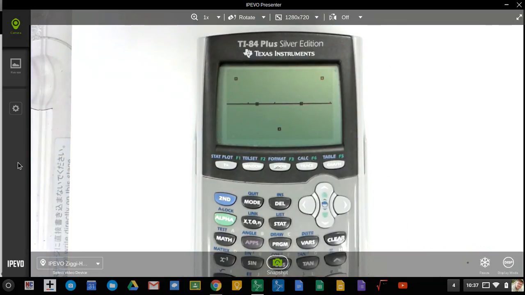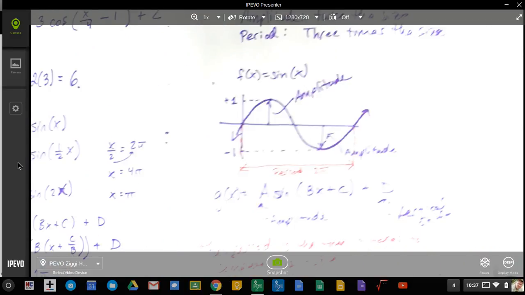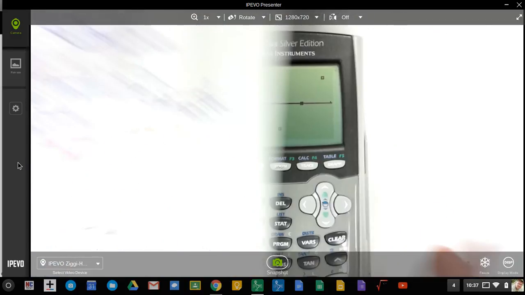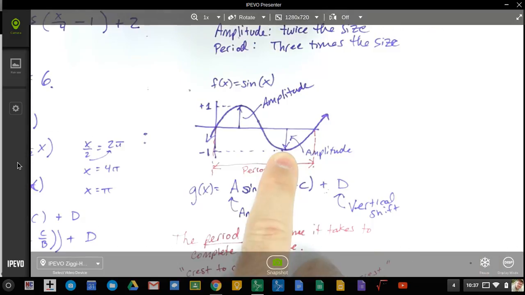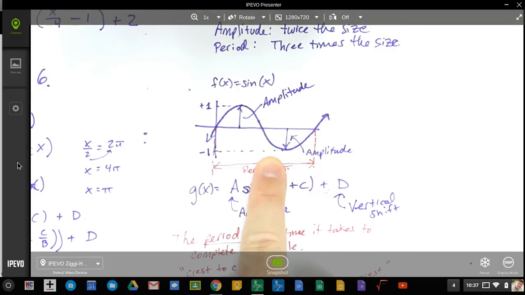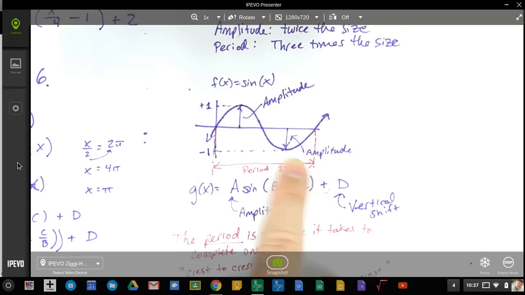And that's what you need to know, because if you know that's your low point right here, y'all see that? What piece of information does your low point tell you? It gives you what piece of information? The amplitude, right?